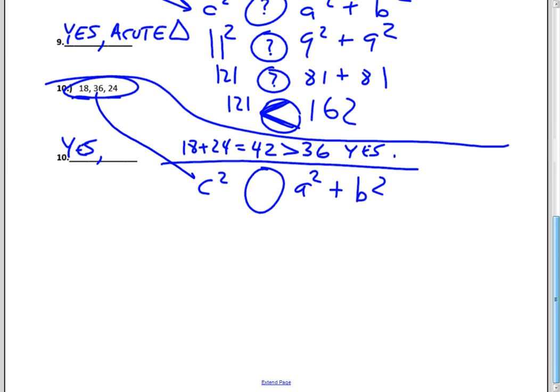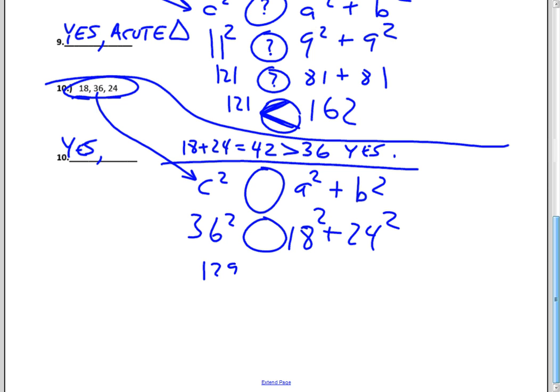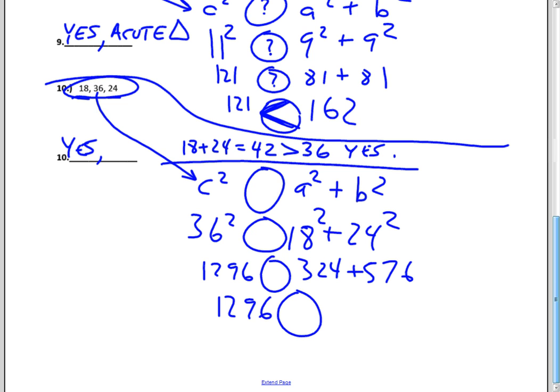We want the biggest one to go here. I don't know. Now I know. And that's obtuse.